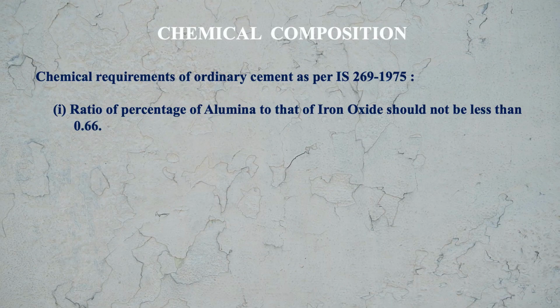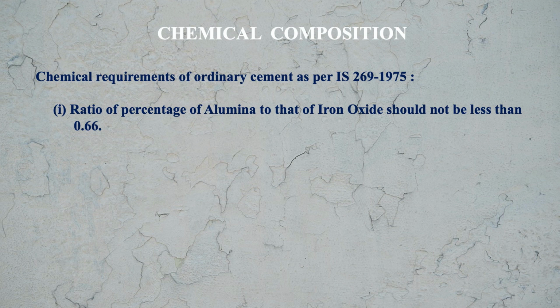First, let us begin with the chemical composition of cement. As per the BIS code IS 269 1975, chemical requirements of ordinary cement are as follows. First of all, the ratio of percentage of alumina to that of iron oxide should not be less than 0.66.